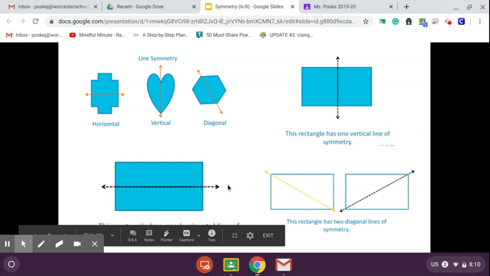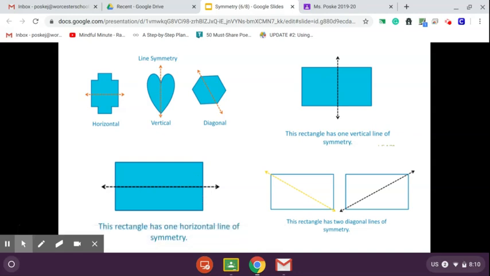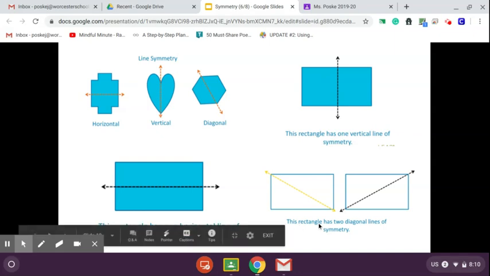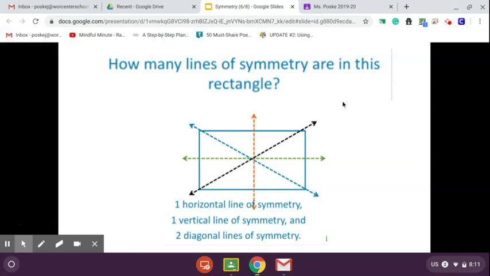This rectangle has one horizontal line of symmetry. So again, side to side, folding it, it's equal. Okay, it's the same size. And this rectangle, again, has 2 diagonal lines of symmetry, one going this way and one going that way. When you fold each side here, they are symmetrical.